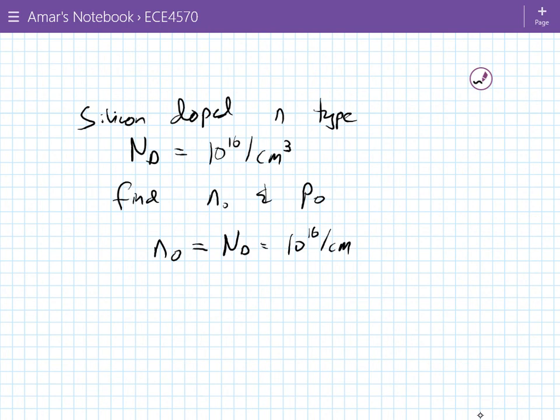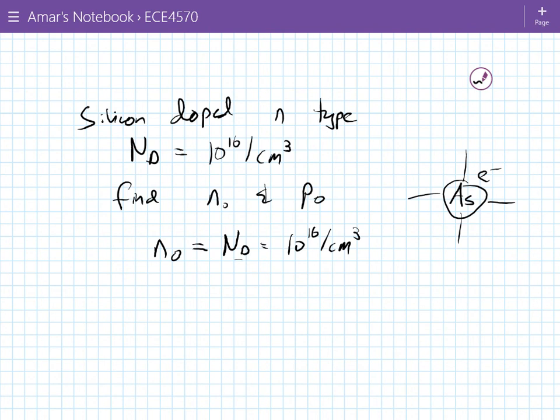The reason why is, recall that every arsenic atom put into the lattice is donating one electron. It's creating one electron. So there's a one-to-one relationship there. So N0 is equal to Nd, 10 to the 16th per centimeter cubed.